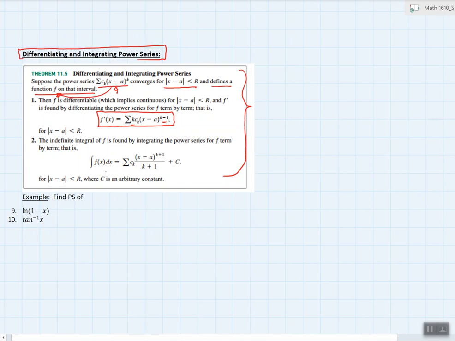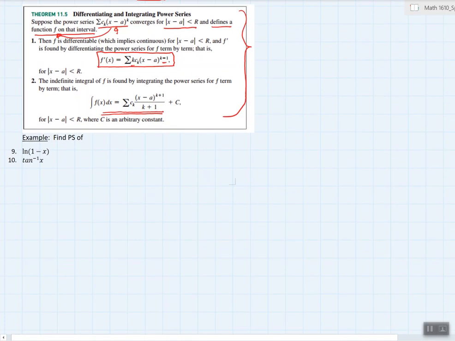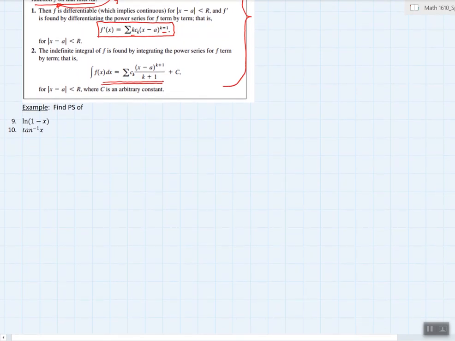And similarly, you could do the integration as well. Again, as usual, the best way to understand these things is by doing an example. So I want to find the power series of log of 1 minus x.